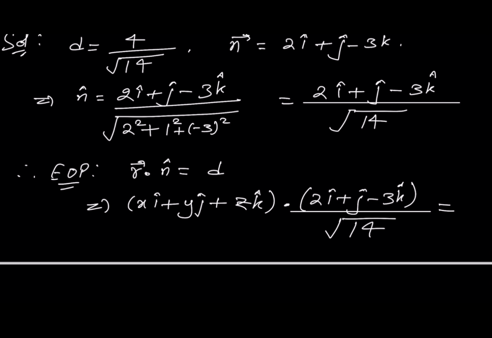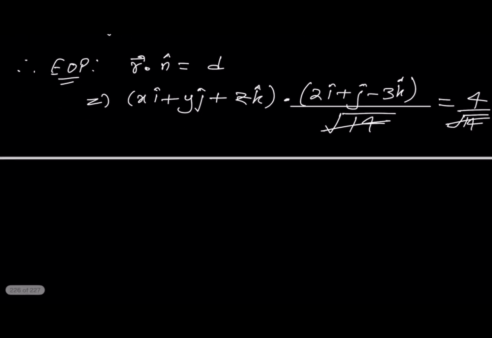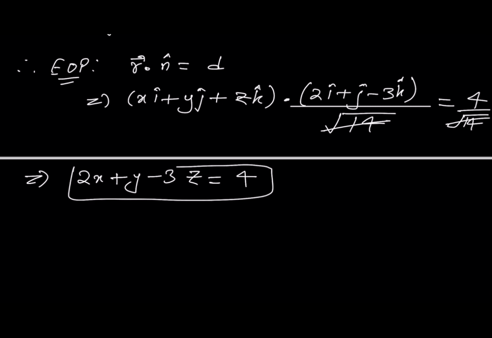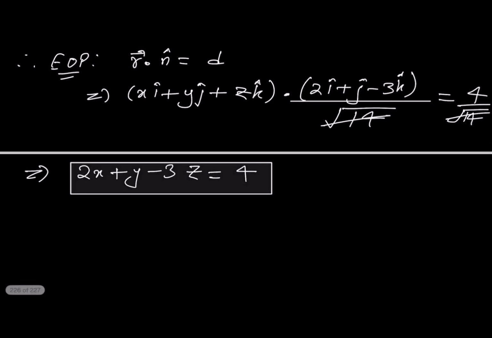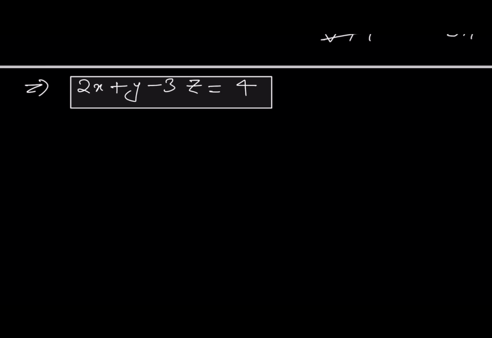D is 4 by root 14. So root 14 cancels out, and this will become 2x plus y minus 3z is equal to 4. This is the required answer.